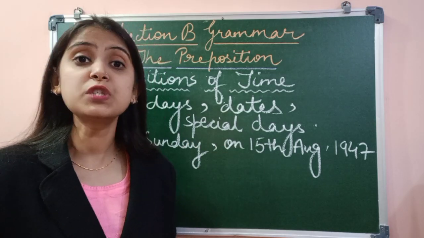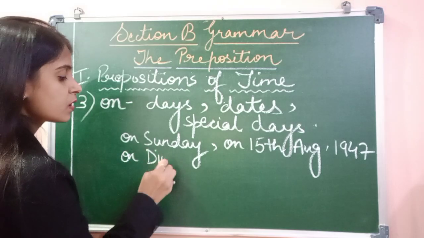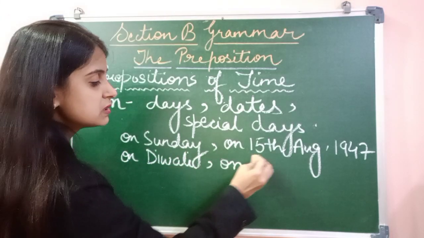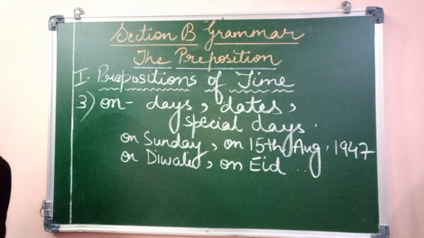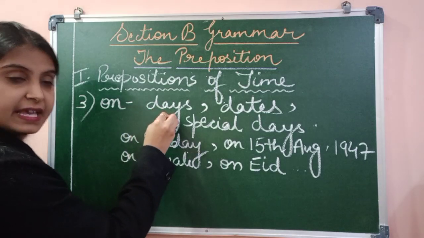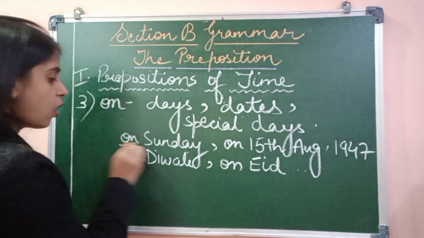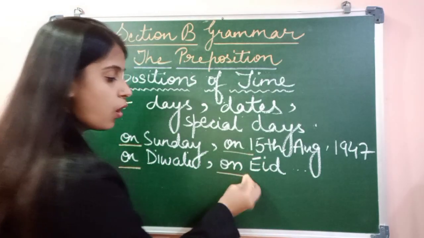If we talk about special days, like on Diwali, on Eid, etc. Right? So on is used with days, dates and special days, right? On Sunday, on Diwali, on 15th August, on Eid.